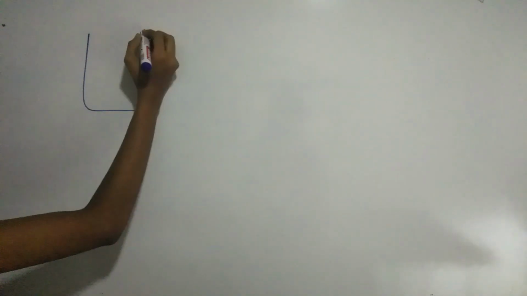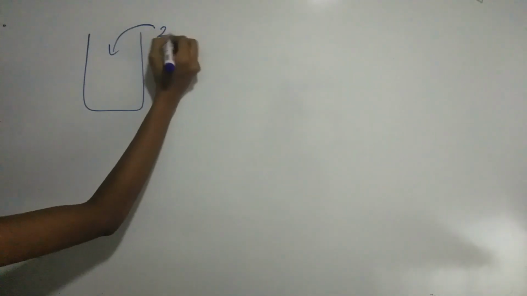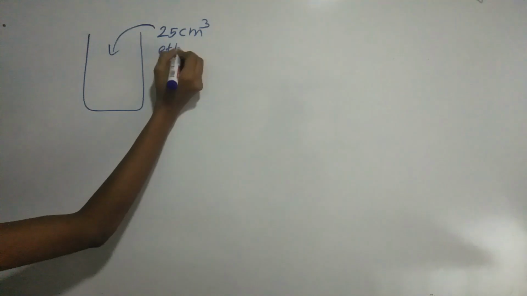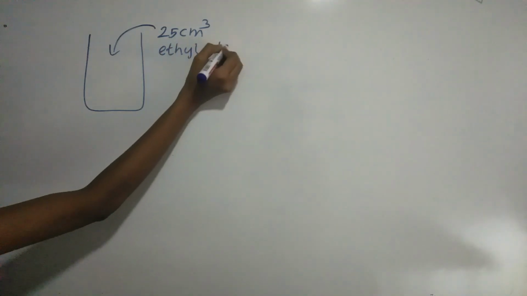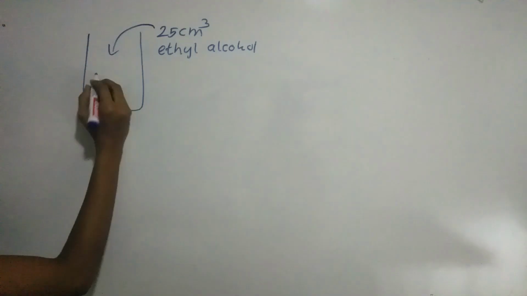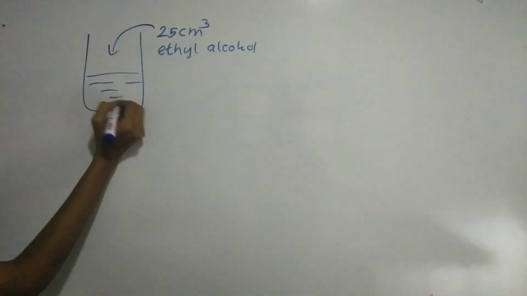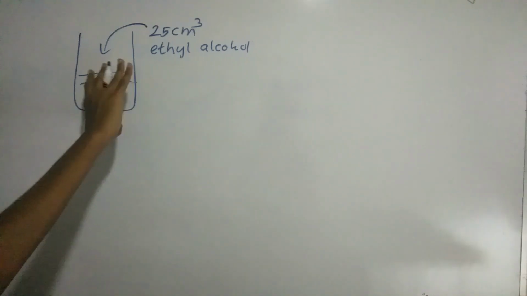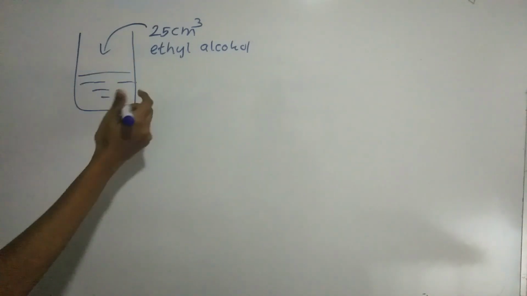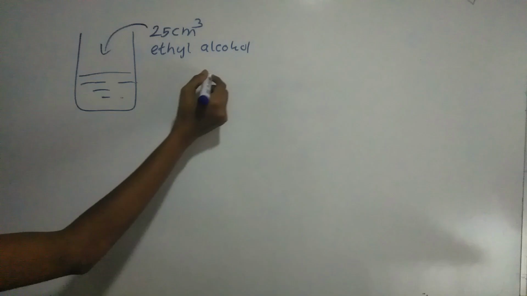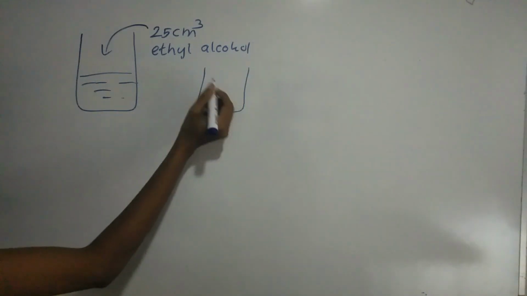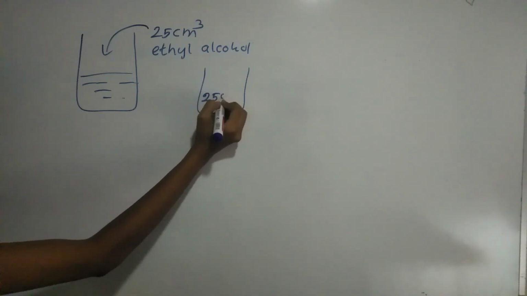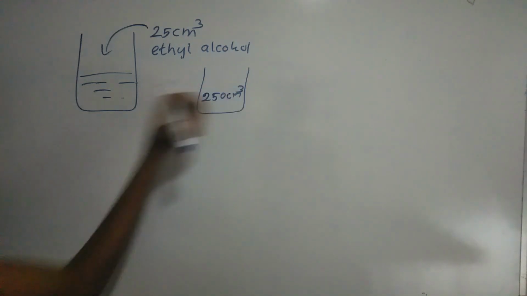Here they are adding 25 cubic centimeters of ethyl alcohol to distilled water. We don't know the volume of distilled water, but we know the final volume. That means the final volume is the volume of water plus ethyl alcohol. They have given us 250 cubic centimeters.